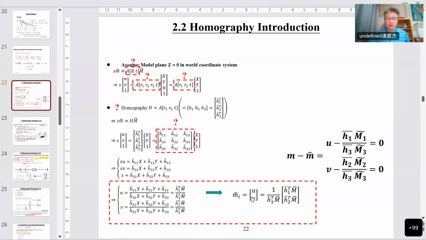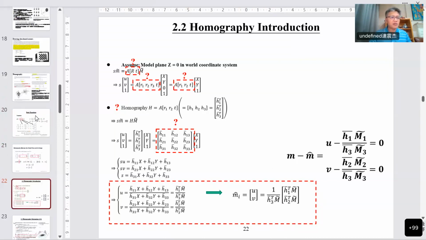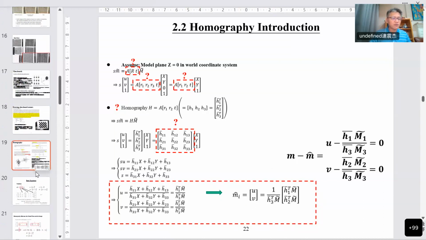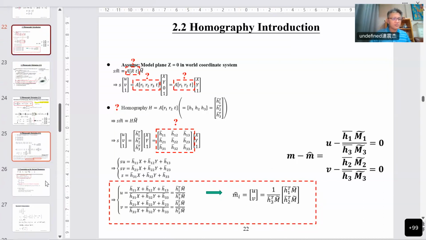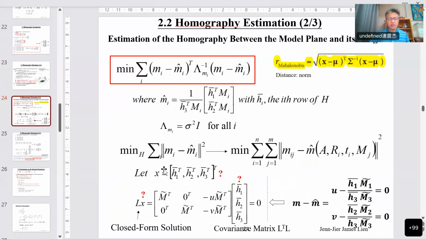Remember our format, our solution we try to solve. We try to use this one to solve it. This is the ground truth, this is the estimation. So what's the estimation? It's this one.